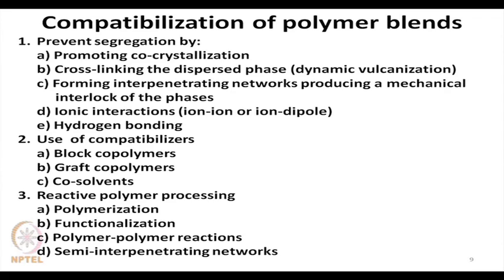That means, hydrogen present in one polymer linked to some electronegative atom, and hydrogen present in another polymer linked to some electronegative atom. So, there will be competition of hydrogen bonds between the electronegative atom present in one polymer with the other present in the other polymer.